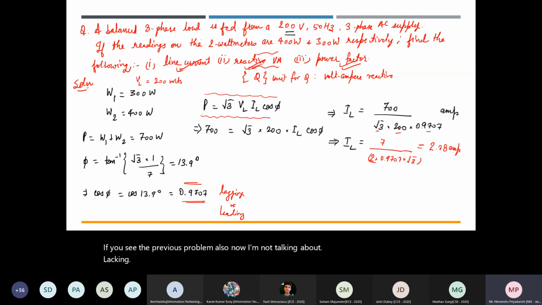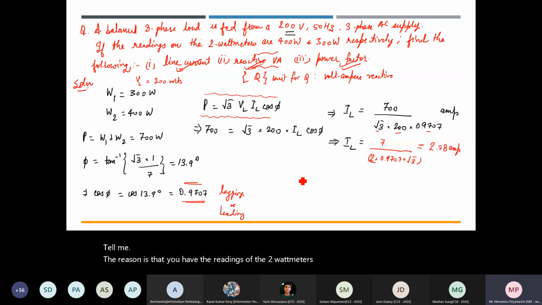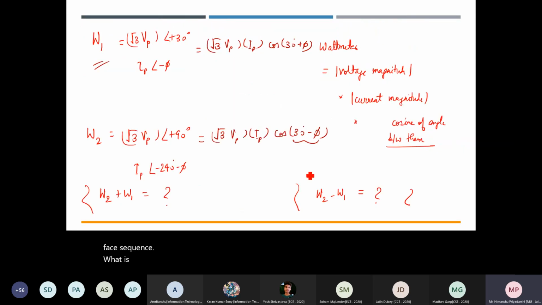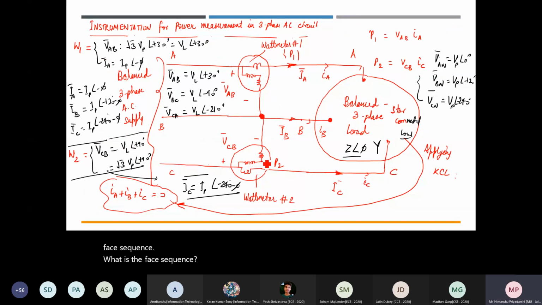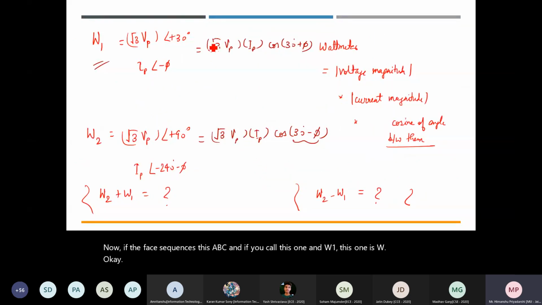Tell me. See, the reason is that you have the readings of the 2 wattmeters, but you do not know what is the phase sequence. Now, if the phase sequence is this ABC, and if you call this one as W1, this one as W2, okay? There are two expressions.